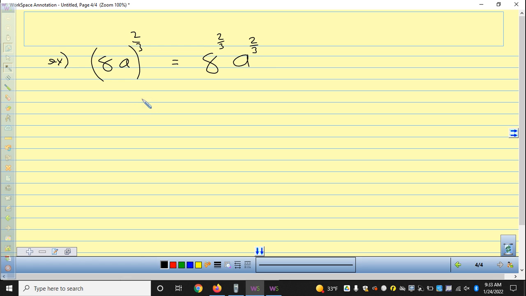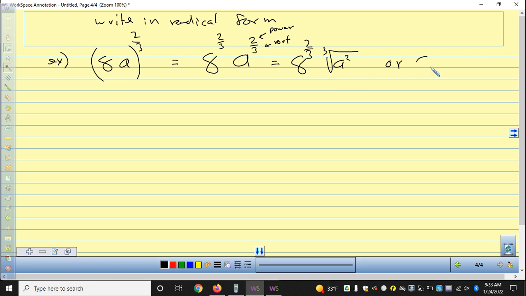And I want to write in radical form. So I'm going to leave this as 8 to the 2/3 for now. A to the 2/3, that's our power, and this is our root. So we get the third root of a squared. Or I could write it as 8 to the 2/3 times the third root of a squared.